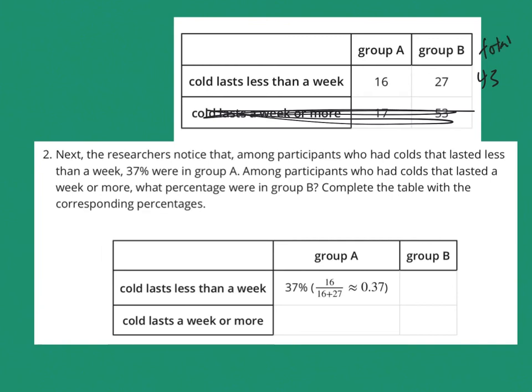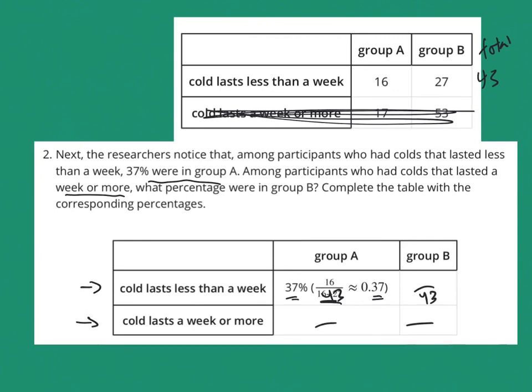In this scenario, I have colds that last less than a week and colds that last more than a week. So among the participants who had colds that lasted a week or more, group B, and then group A lasted less than a week. I'm going to focus on the 37%. Where did that come from? This 16 plus 27, which is 43. And then down here, this is going to be a different denominator.